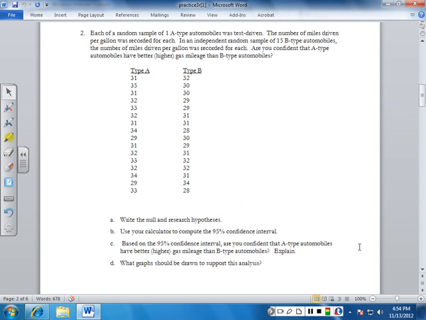Okay, on this one, there's a typo in there. In fact, there's two typos on there. I'm counting 16 in each one of those.